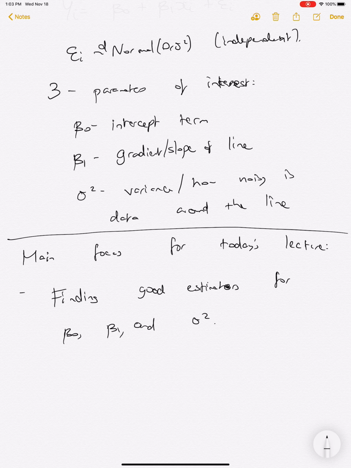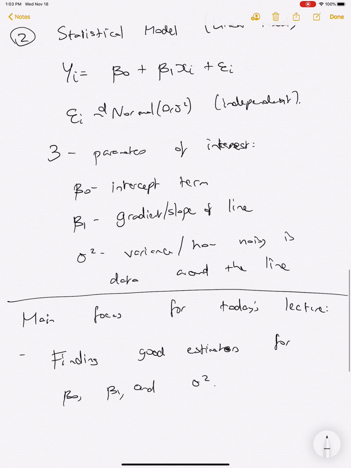We're going to focus more on beta 0 and beta 1 because they're typically of greater interest. But sigma squared is also important because that's going to come in later when we start to talk about confidence intervals and hypothesis tests.